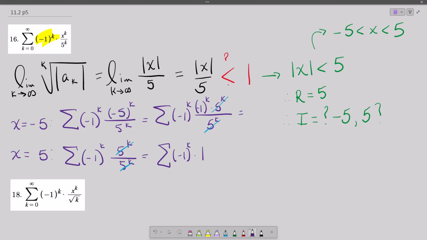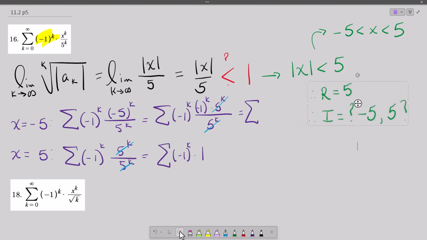This one simplifies to, let's see, what is -1 to the k times -1 to the k? -1 to the 2k, good. Add the exponents. And the 5 to the k over 5 to the k, that's just 1.